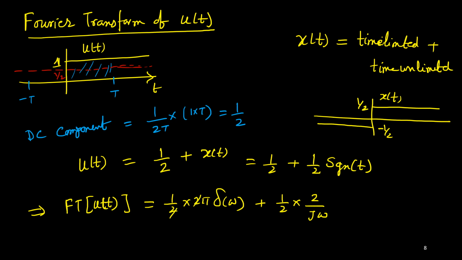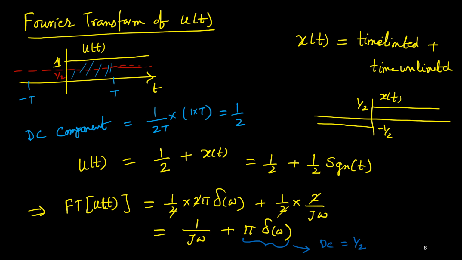So there 2 will cancel out, here 2 will cancel out, so here you will get 1 upon j omega, and here you will get pi times del of omega. So you see, this pi of del omega, this indicate the signal is containing one DC value, and DC value is half. DC equal to half value. Okay, and rest part is having this frequency 1 upon j omega, right?